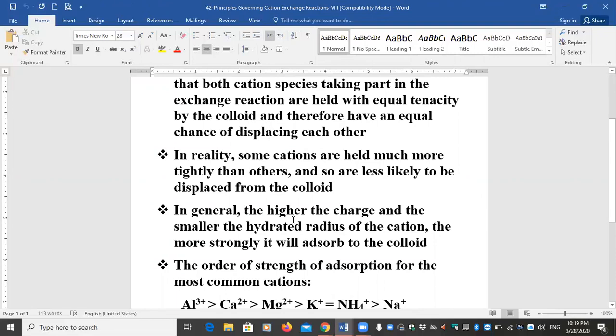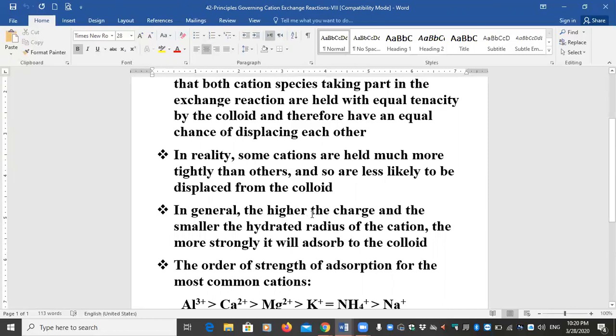In general, the higher the charge and the smaller the hydrated radius of the cation, the more strongly it will adsorb to the colloid. Naturally, if it has higher charge, so if you compare a divalent to a monovalent, remember the attraction between negative and positive charges.